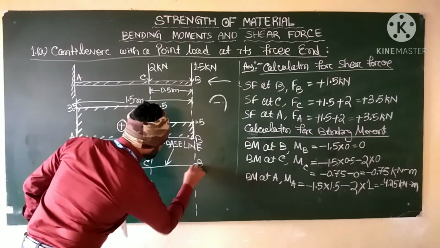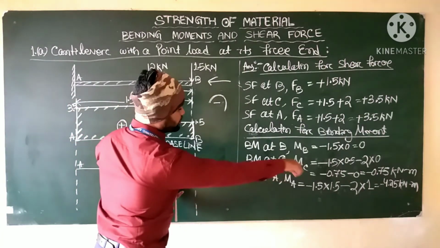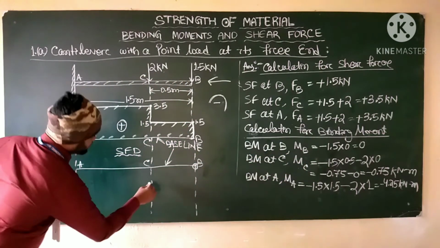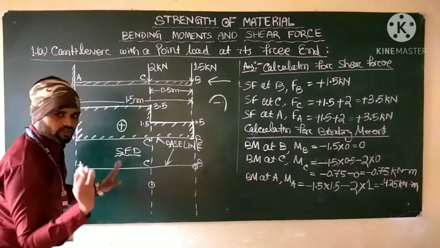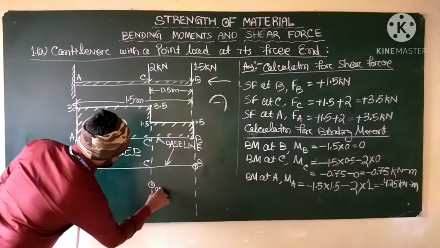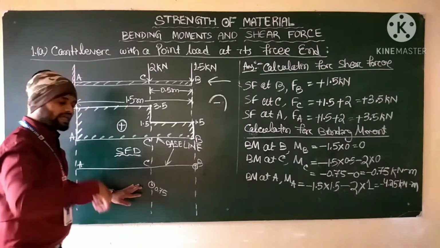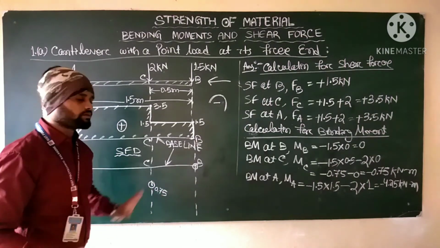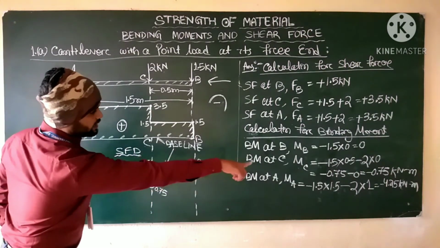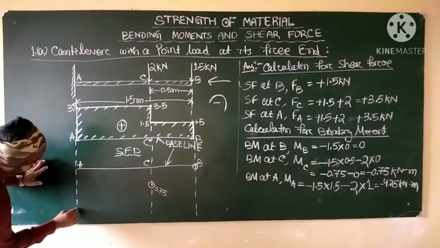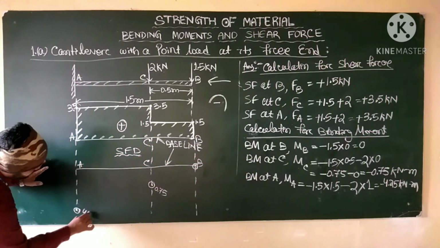At point C, what is the bending moment? Minus 0.75. Assume minus 0.75, we are not using a scale or pencil, we are just assuming this point will be minus 0.75. And at point A, that is minus 4.25.